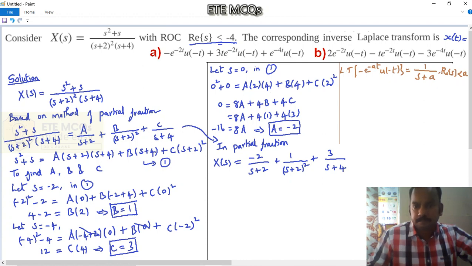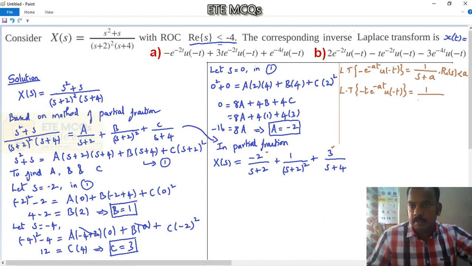Next, we have 1 by s plus 2 the whole squared. So this formula is applicable to the first term and the third term, because both take the form s plus a. Now the other Laplace transformation formula that we are supposed to take is minus t into e power minus at into u of minus t, which is nothing but 1 divided by s plus a the whole square.